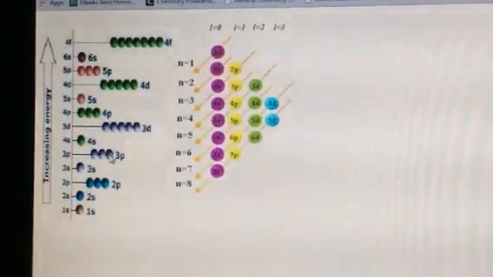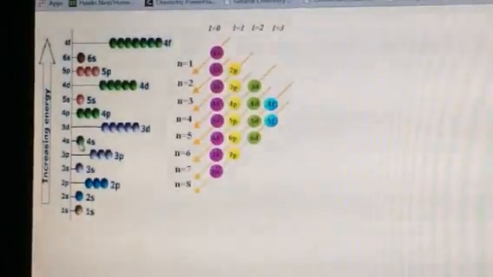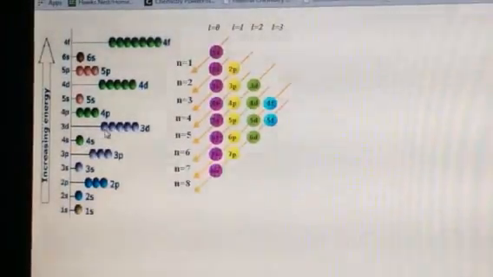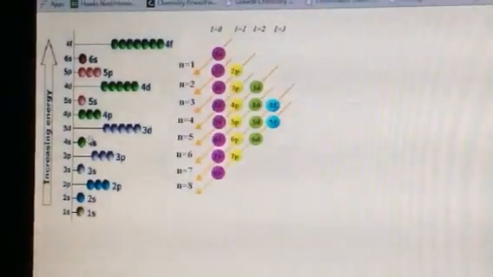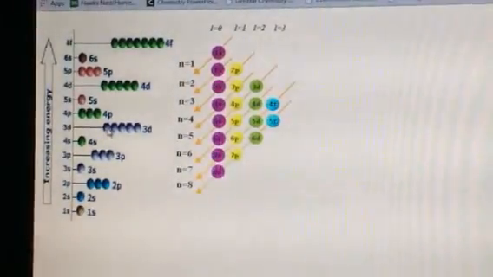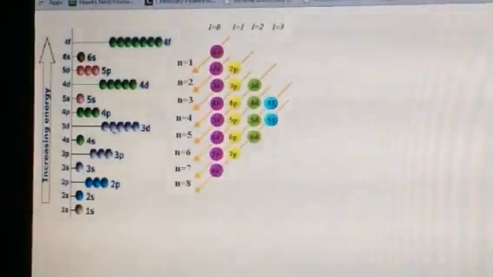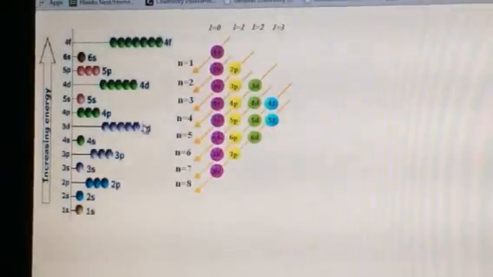Now, if you have more electrons than that, you're going to go to the 4s, so 2 more electrons can fit here. And then, again, as you go up, you are going up in energy. These are higher energy electrons. So now you can have 10 electrons in this 3d energy level.